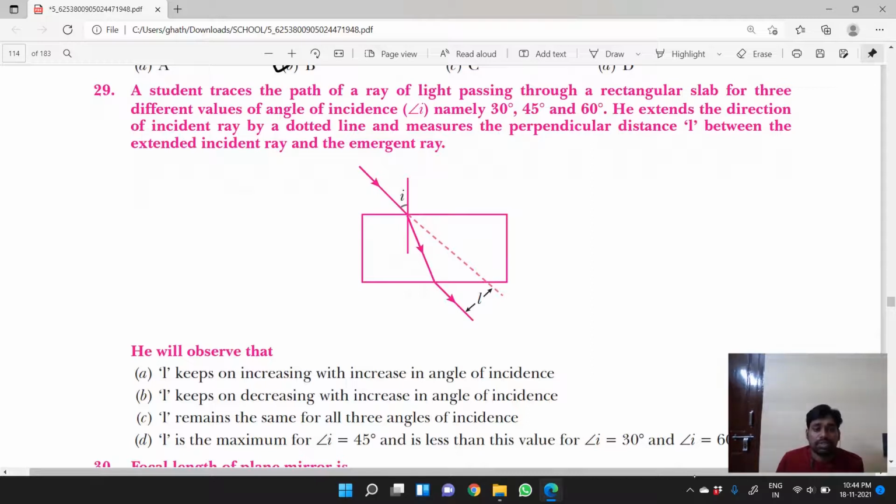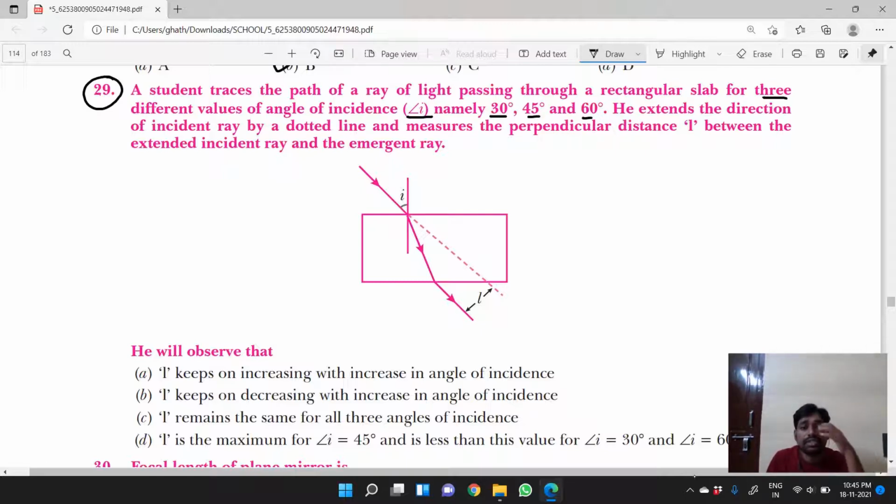Look at that. Student, this is question number 29. Don't fear by seeing the lengthy question. Lengthy question will have an explanation. So a student traces the path of ray of light passing through the rectangular slab for the three different values of angle of incident i, namely 30, 45, 60.